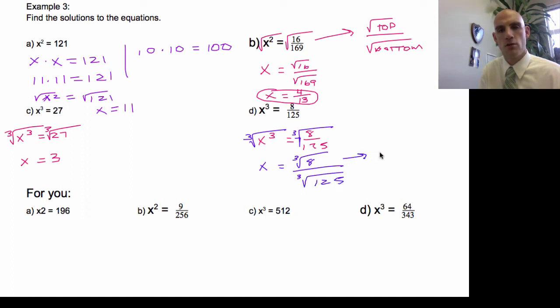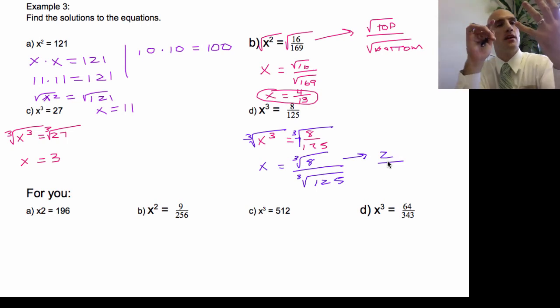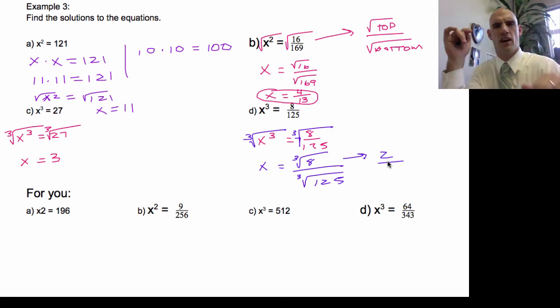Well, the cube root of 8, I remember, is 2. And what about 125? I know it ends in a 5, so its factors could be 5s. Is it 5? 5 times 5 would be 25, times 5 would be 125. So my cube root of 125 is 5. Okay, so this is 2/5 here.